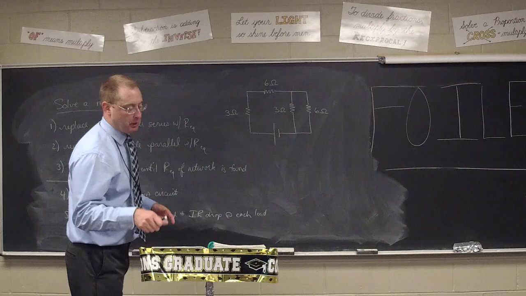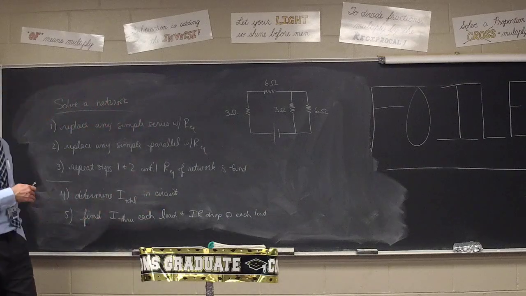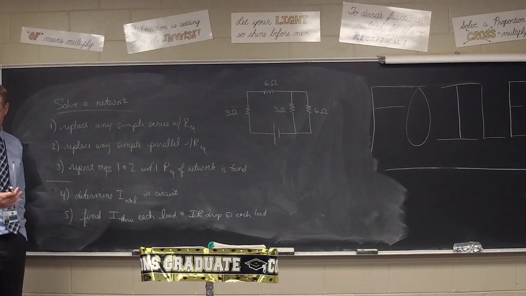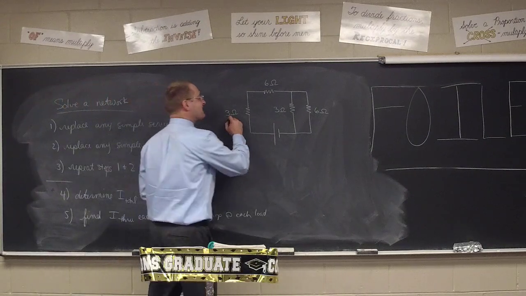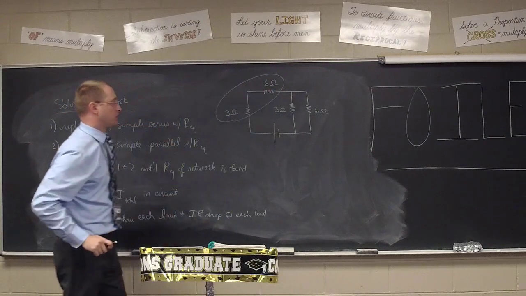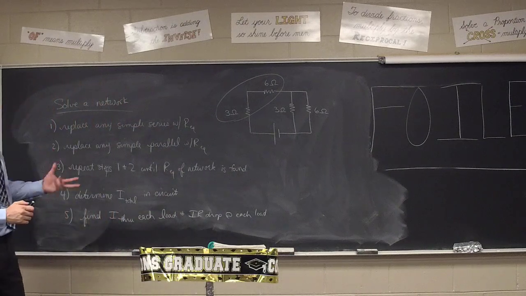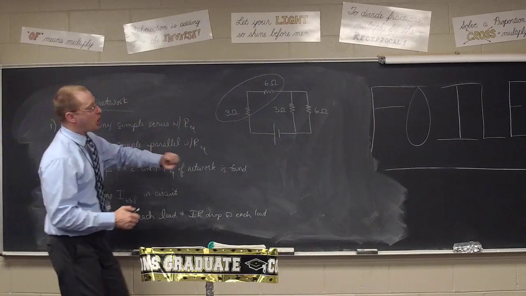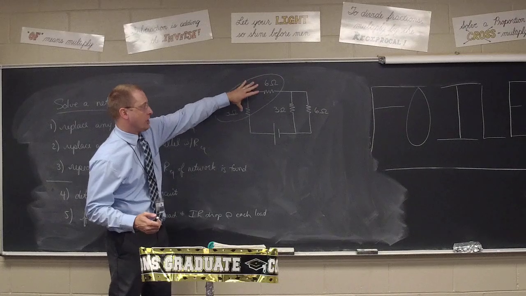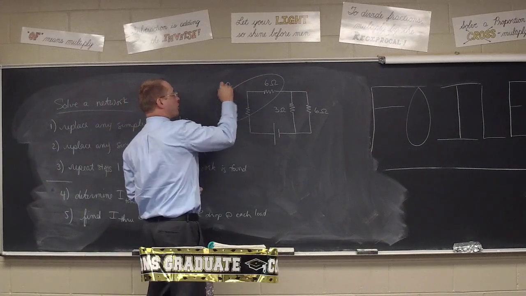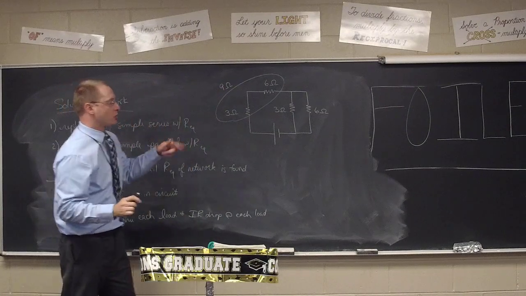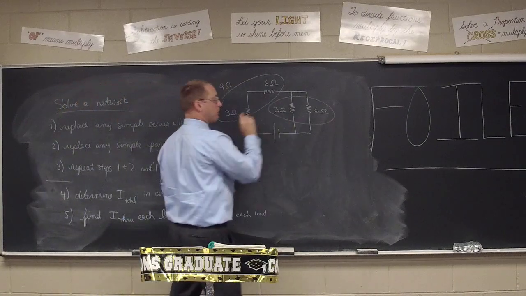Now the way I will typically solve one of these, I will typically not redraw everything because, lazy. So what I will typically do is circle groupings. I can see that these are simple series. And rather than redraw, off to the side, I'll just say, I know that this resistance right here is really how much, class? This is really 9 ohms of equivalent resistance right there. I also see that this is simple parallel.